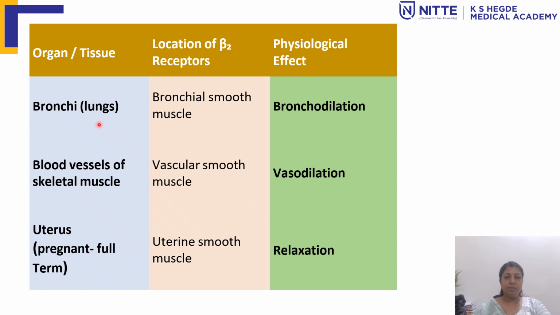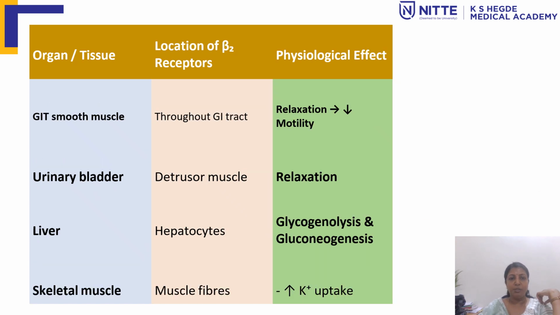It is mainly present in the bronchial smooth muscle of the lungs, which can produce bronchodilation. It is present in the blood vessels of the skeletal muscle, in the vascular smooth muscle, which produces vasodilatation. And in the uterus, usually the pregnant full-term uterus, in the uterine smooth muscle, it can also produce relaxation.